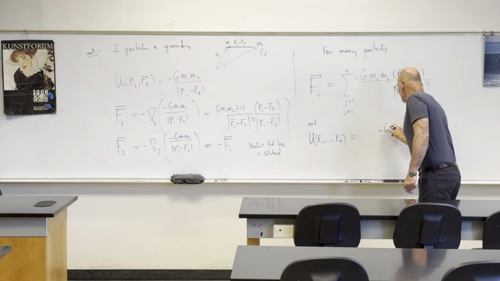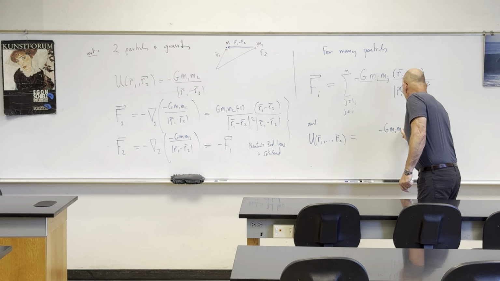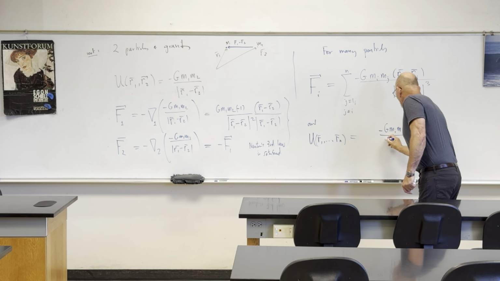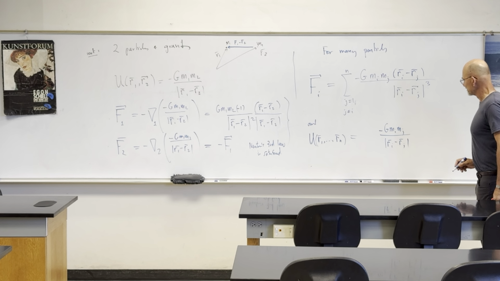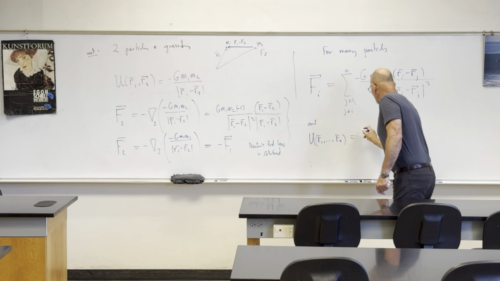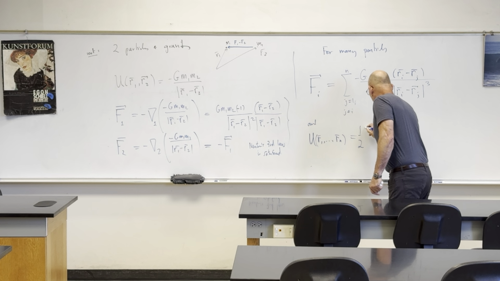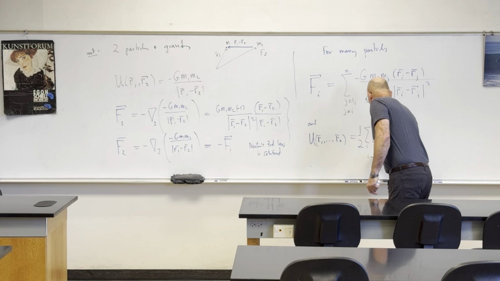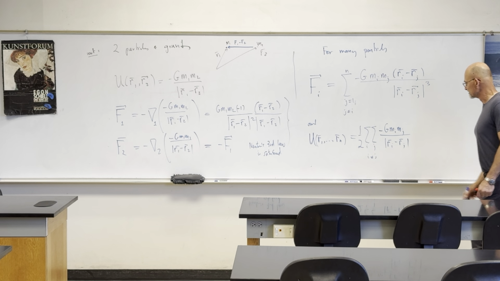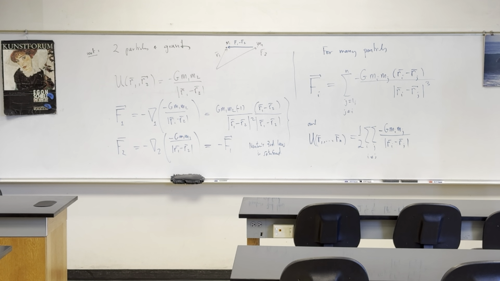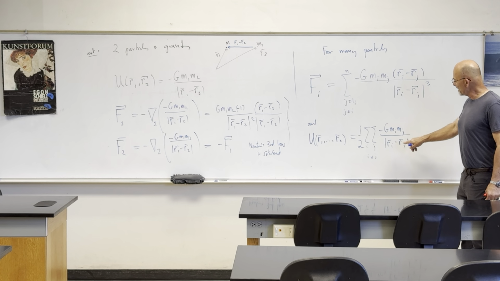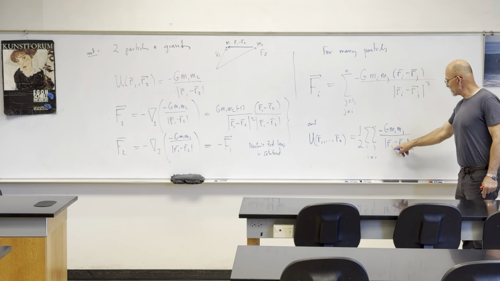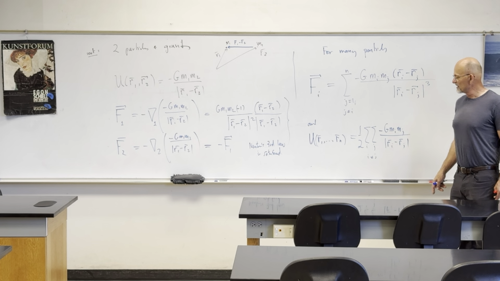You'd have minus G m_i m_j over |r_i minus r_j|. And what you do is you do a double sum, and you can see where the 1/2 comes from. For 1 and 2, you're adding them twice. You've got a 1 minus 2 and a 2 minus 1. Okay.